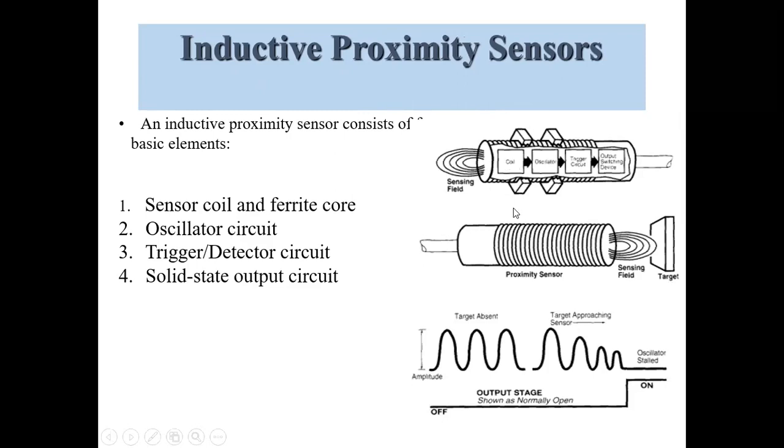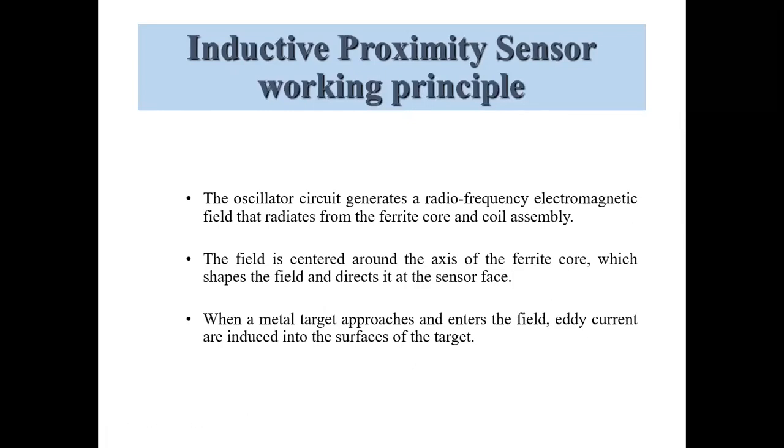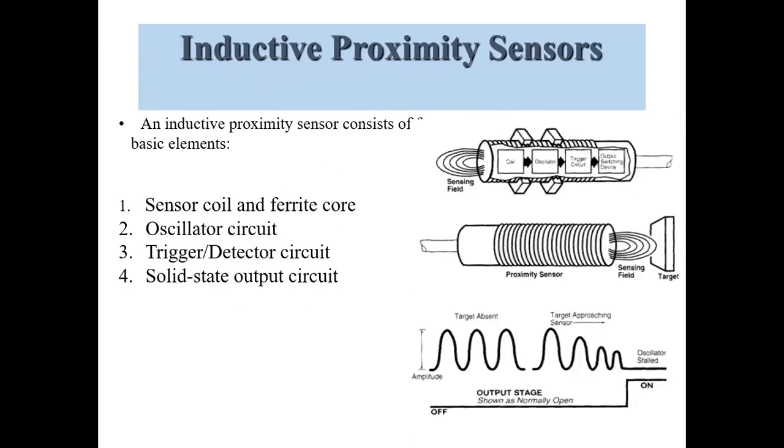To that axis this electromagnetic radiation is centered, which shapes the field and directs it at the center face, and as shown in the figure, it is directed towards the target.